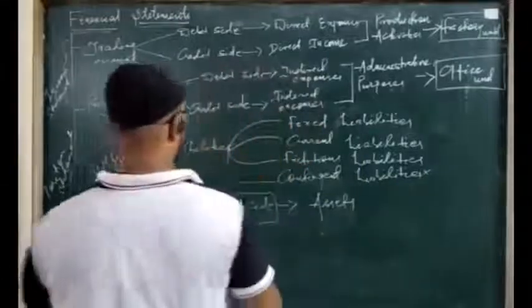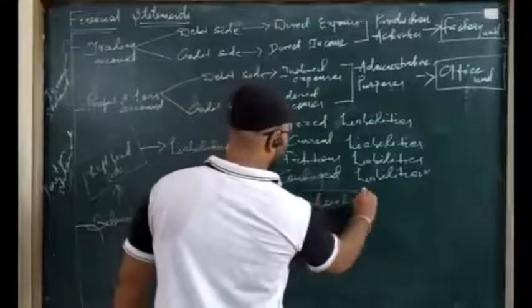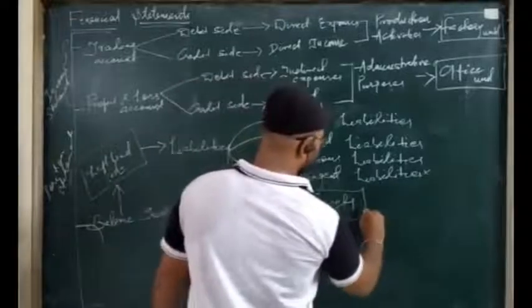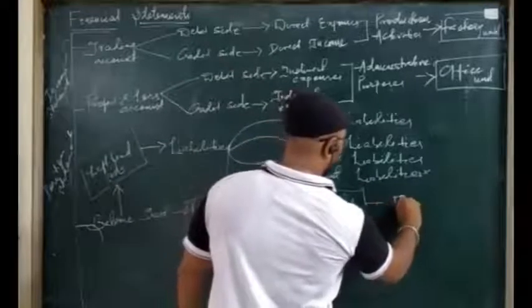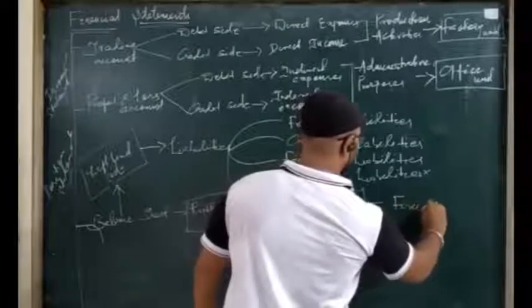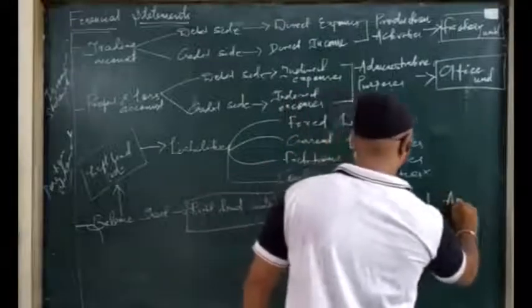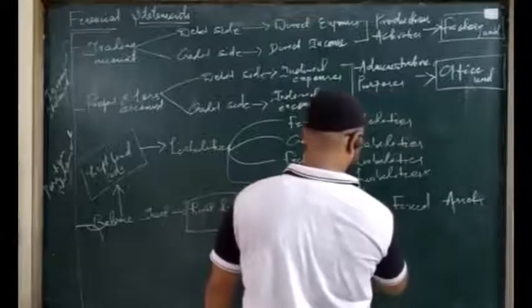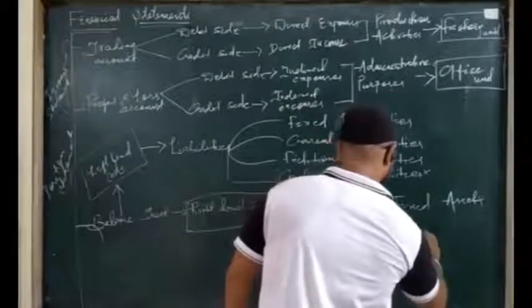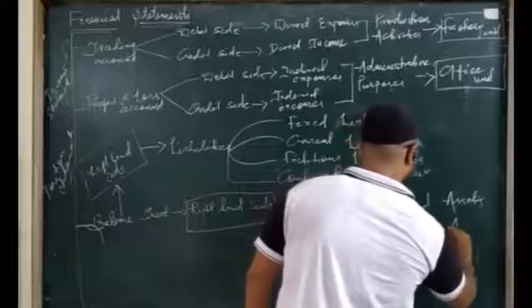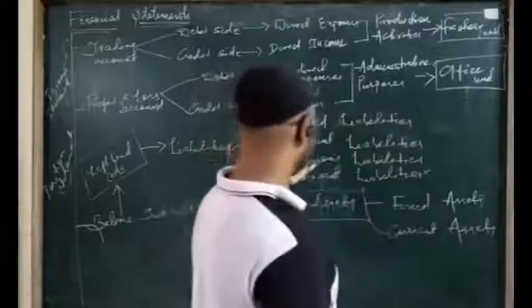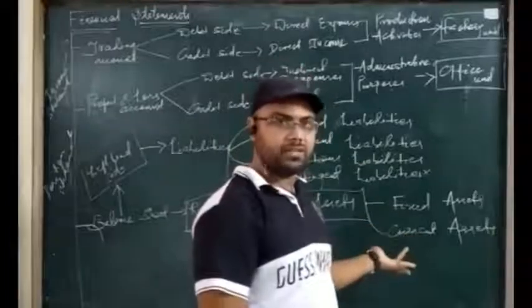Coming to assets, again there are certain types of assets. Fixed assets, then we have current assets. Likewise the liabilities, it is also fixed, current and fictitious.